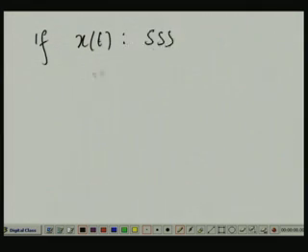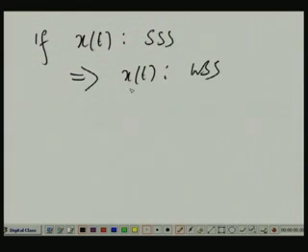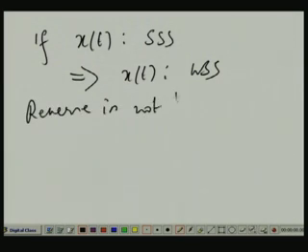You can also see that it automatically follows that x t also is WSS, but the reverse is not true in general.